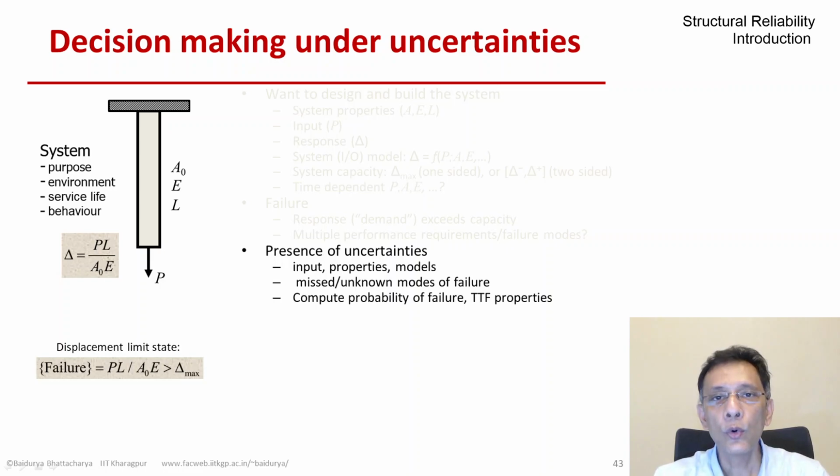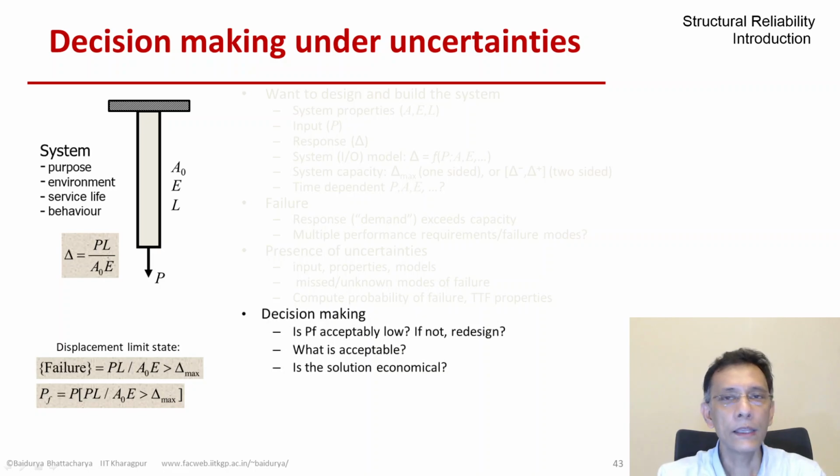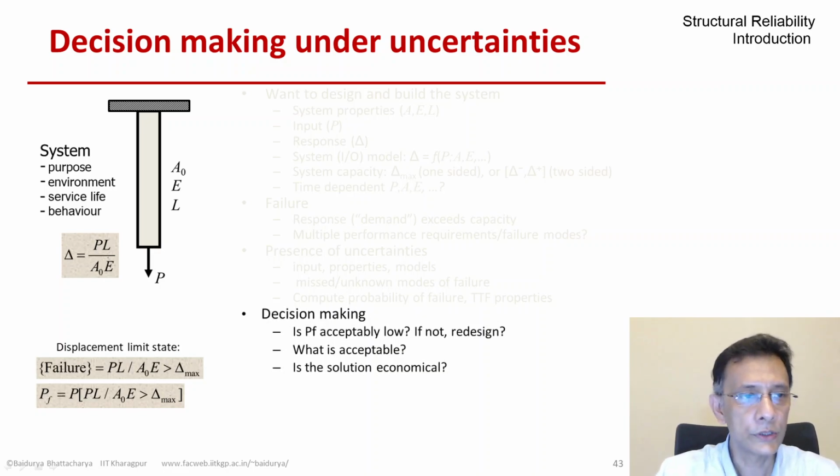And if I know the randomness involved, how to model the appropriate random variables or random fields and random processes, I would be able to compute the probability of failure or the distribution of the time to failure and its various properties. So with this information, I should be able to take some decisions.